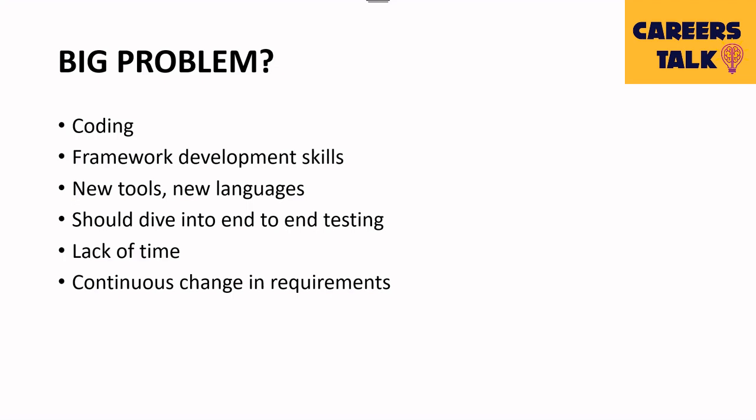But in testing, you'll get to know that there are so many bugs, but the requirement cannot be changed because that phase is frozen. That is the whole purpose why Agile came into the picture. But now there can be continuous change in requirements, which again leads to change in test cases, which again leads to change in test scripts, right? So these are a few of the big problems. There are others as well.